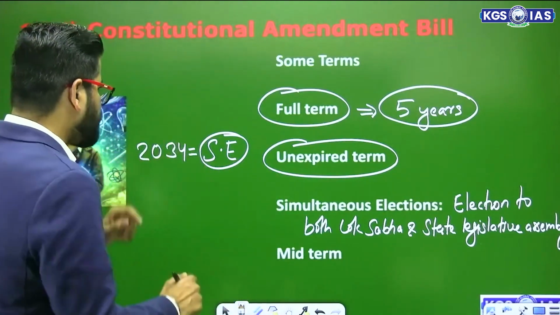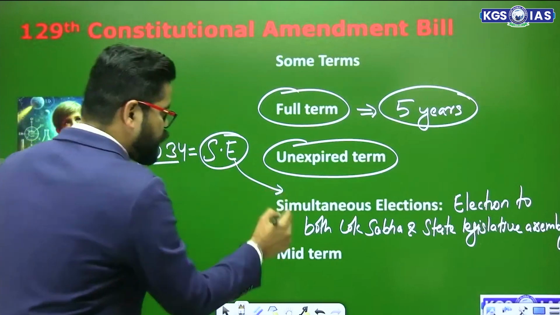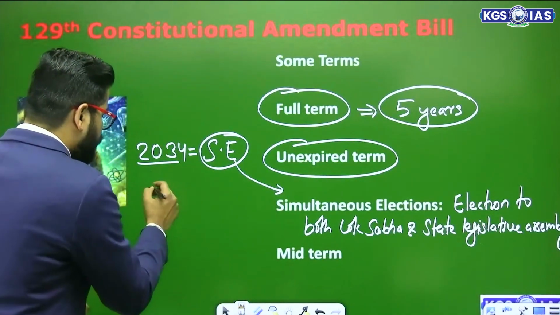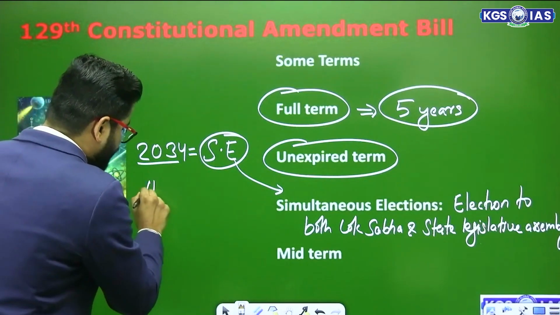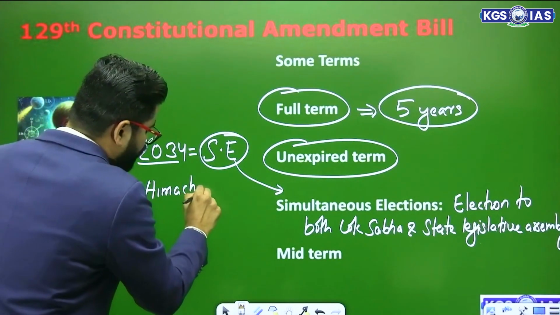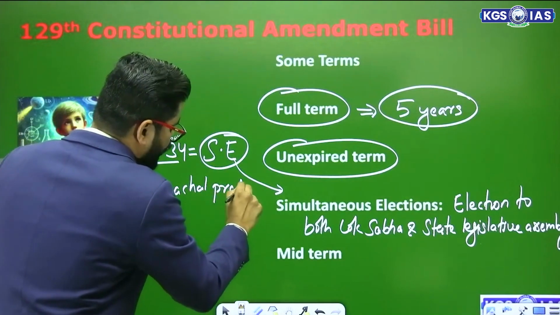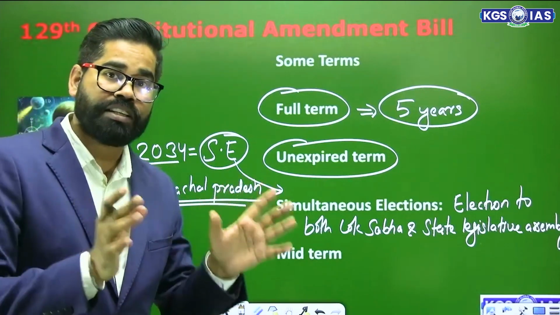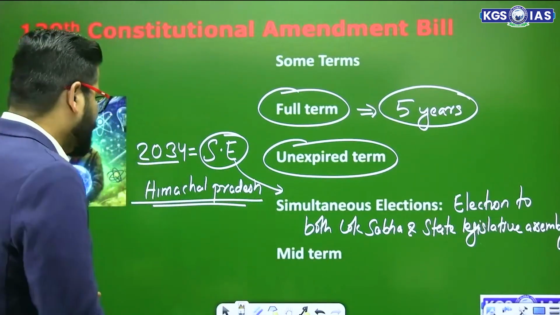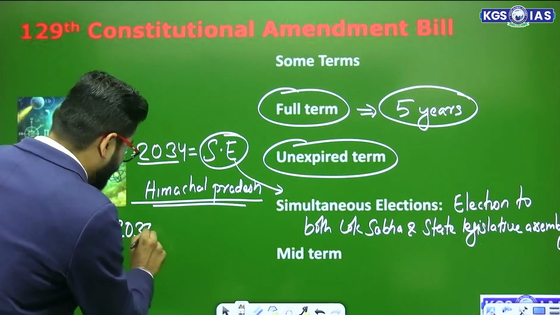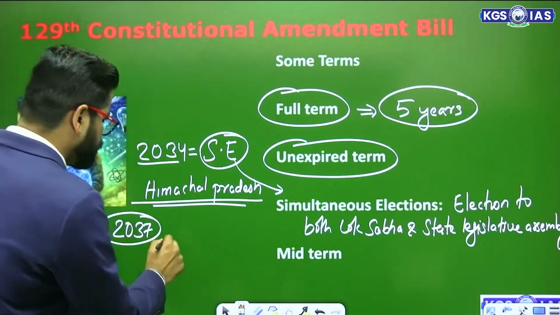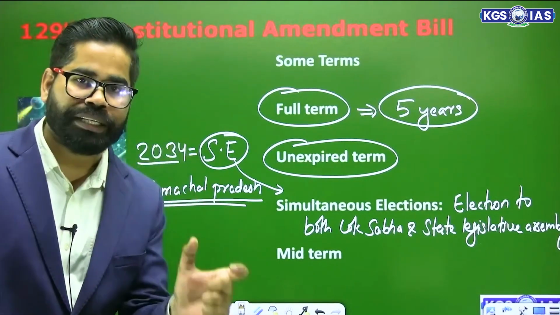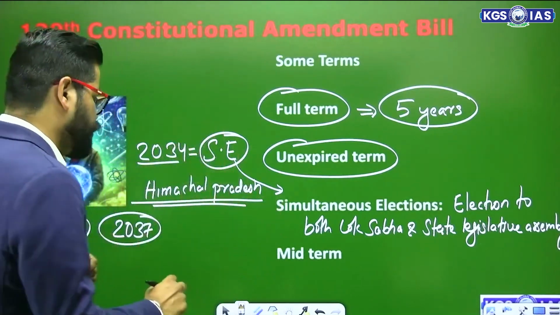So suppose in 2034 we are having the first simultaneous election. Let us say we are talking about a state, for example Himachal Pradesh. In 2034 there was the first simultaneous election, and by June 2037 the government has completed 3 years, but due to some reason there is dissolution.